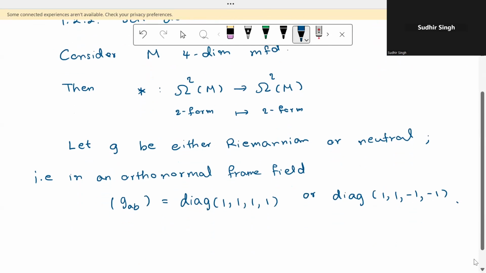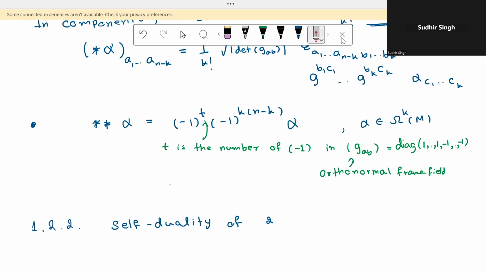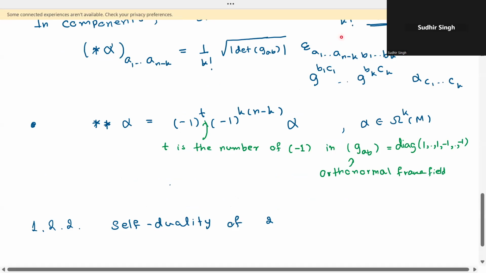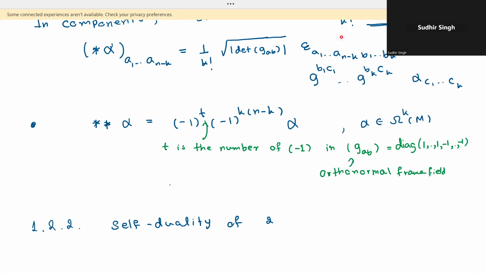So if we look at g being either Riemannian or neutral, then from what we had before, t is now either 0 or 2. So this is just +1. And k is 2, so n minus k is also 2. So you have that star applied twice, the Hodge star operator applied twice, is just the identity. Right? So star star alpha is just alpha.